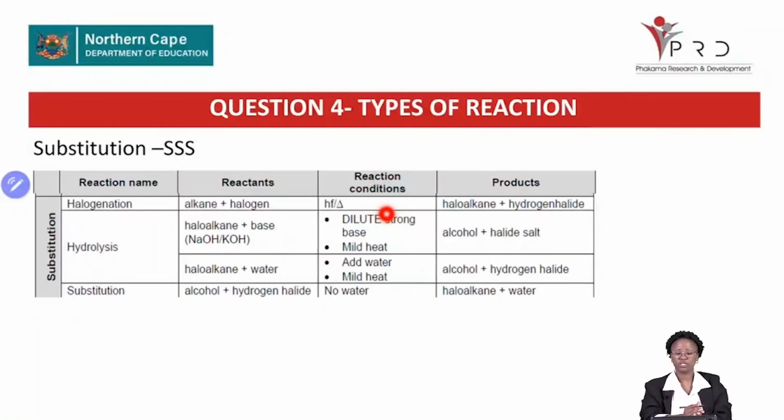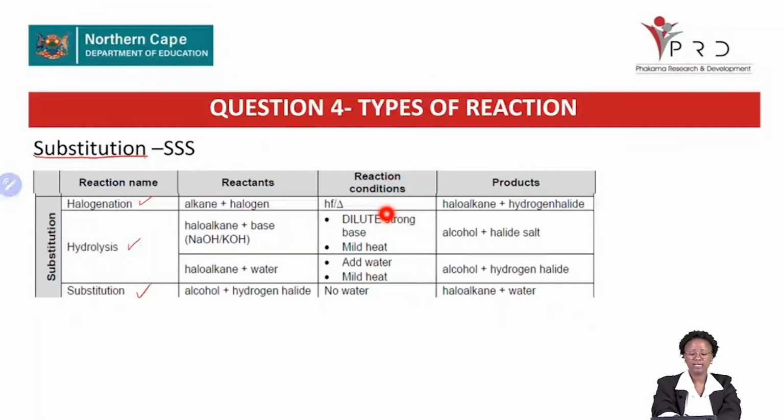And then the next thing, do not forget your reaction conditions. Very much important. Then lastly, the last type of reaction that we are going to be looking at is substitution reaction. Remember, there are 3: halogenation, hydrolysis, and substitution. Only 3 that you need to know according to your exam guideline. Then what is it that you are looking for? You are looking for a saturated reactant. You can see alkane saturated, haloalkane saturated, haloalkane saturated, alcohol saturated.